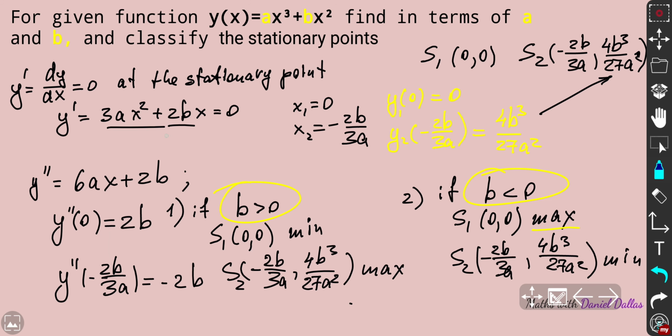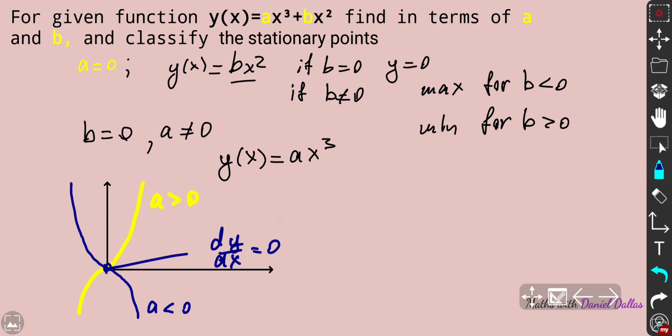So we found that y prime has 2 points x1 and x2, and both will be the same because b is 0. So that's why this point x equals 0, x1, x2 and x3 equal to 0. That's going to be the point of inflexion. So inflexion means no local minimum, no local maximum.